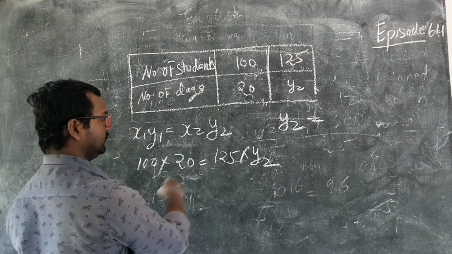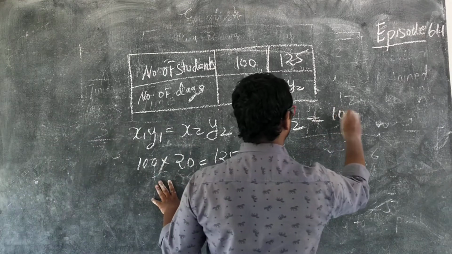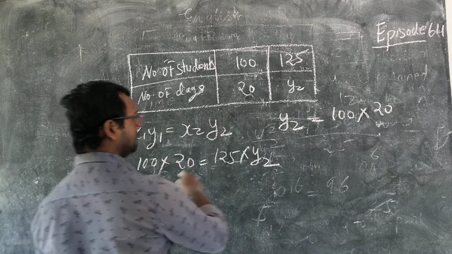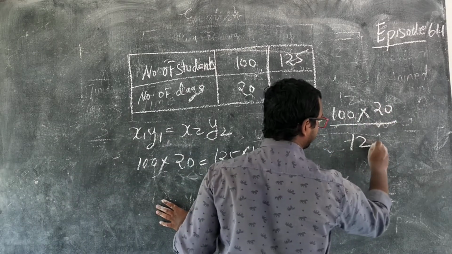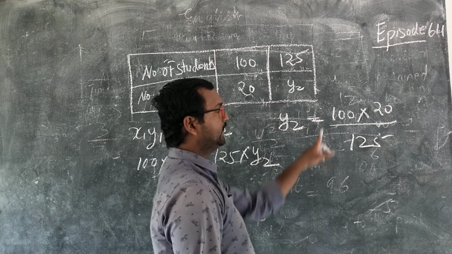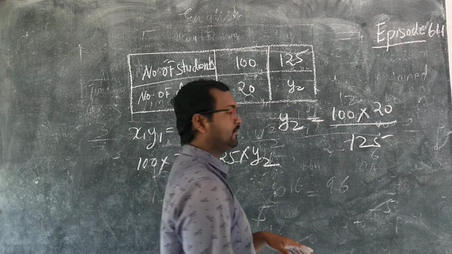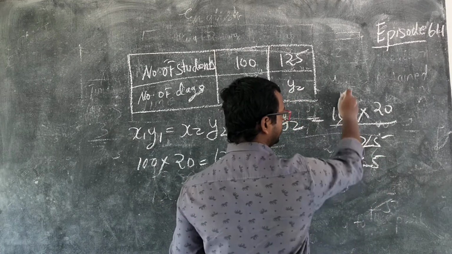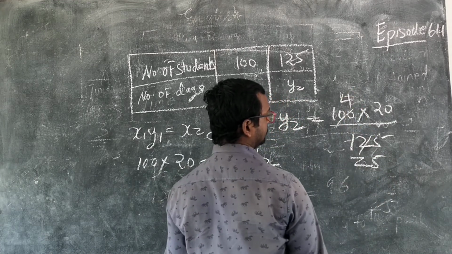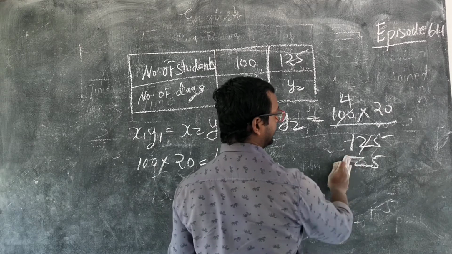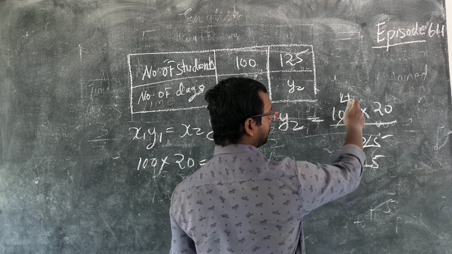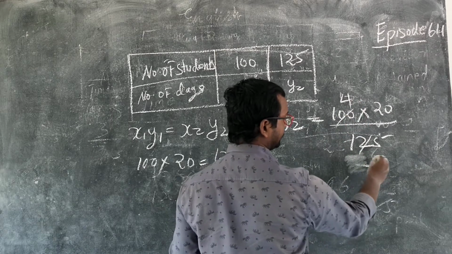We will move 125 from here to the denominator. So 100 into 20 is already there, and 125 will come in the denominator. Okay, with 25 if we divide both, we get 25 into 4 is 100, 25 into 5 is 125.